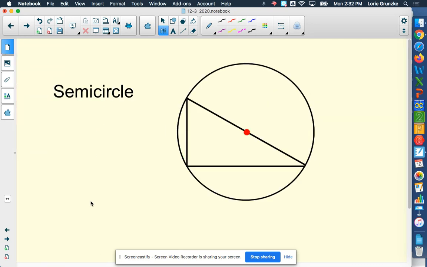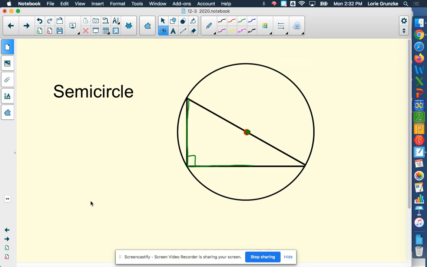So let's look at the next picture. So here's a semicircle. How do I know it's a semicircle? Because it goes right through the center of the circle. That makes it a semicircle. When you have a semicircle like that and an angle that goes up to that, this is always going to be 90 degrees. Now let's look at it a different way.